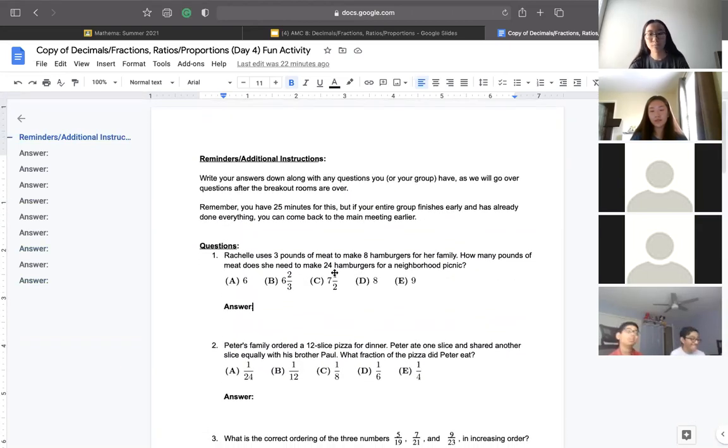Okay, and for room 2, Aishwarya is gonna do it. If you could send it in one message, because you guys are overlapping.